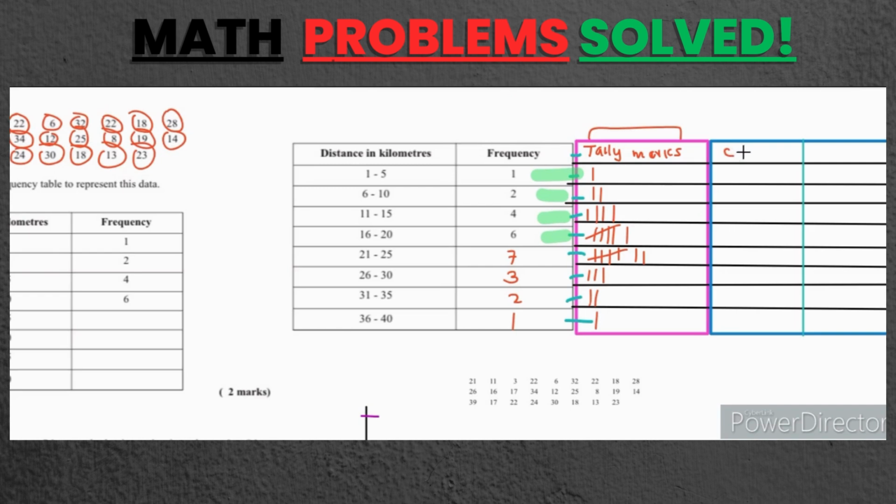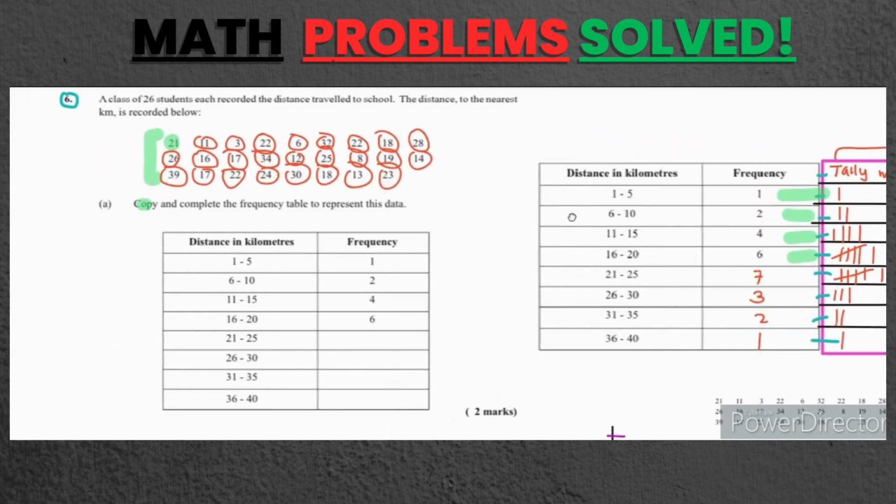First you write just 1, then add 1 and 2, it's 3, then 4 plus 3 is 7, 6 plus 7 is 13, 7 plus 13 is 20, 20 plus 3 is 23, 23 plus 2 is 25, 25 plus 1 is 26. So the total frequency becomes 26 because the total number of students is 26.